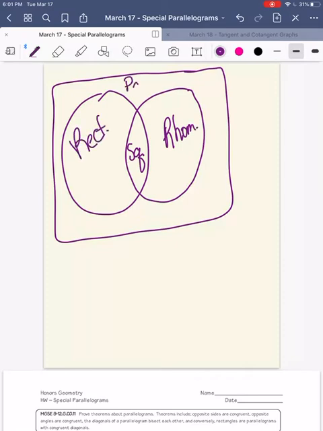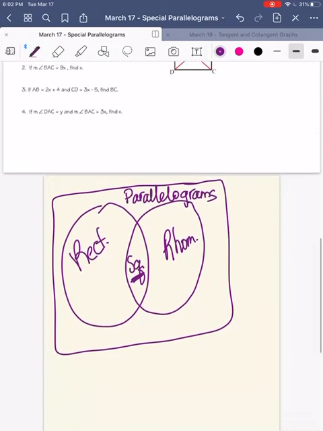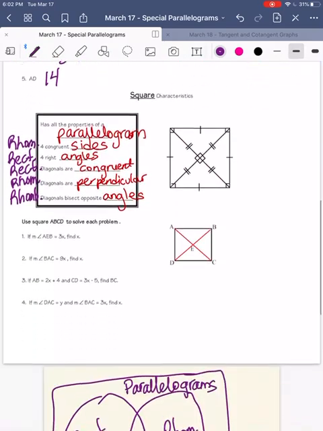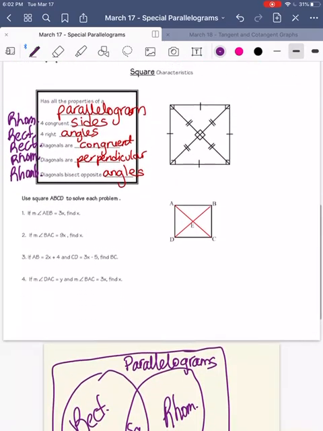And then parallelogram would be out here, because they're all parallelograms. That's why they're called special parallelograms, because they are parallelograms. They're just more specific. So the square shares everything of the rhombus and everything of the rectangle. Okay? To me, that picture kind of helps with some questions that you might be posed with later.